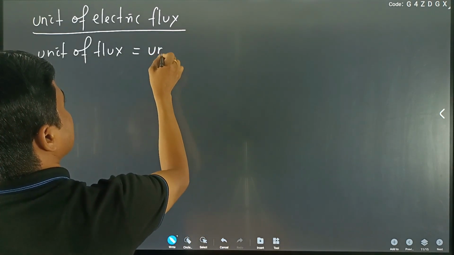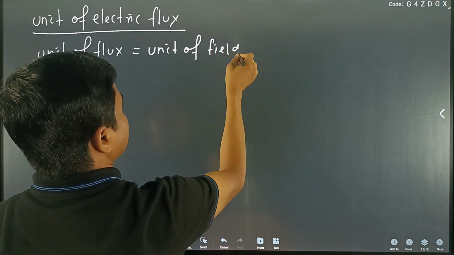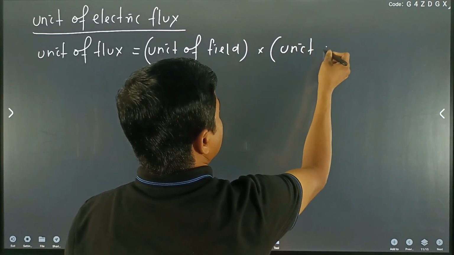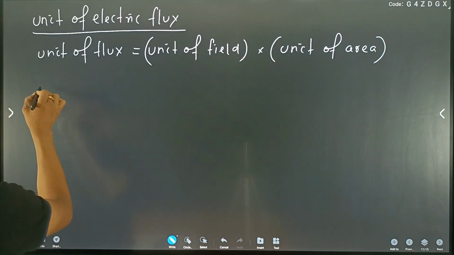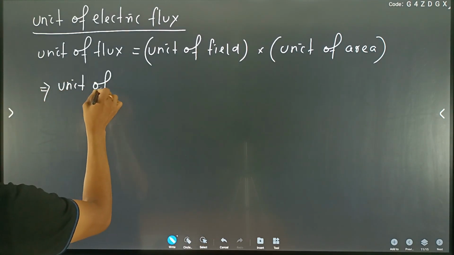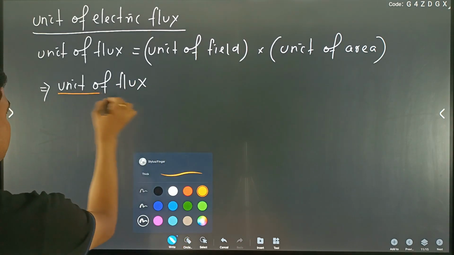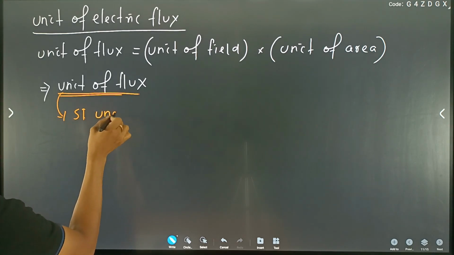So the unit of flux is the unit of electric field multiplied by the unit of area, and that is the SI unit.